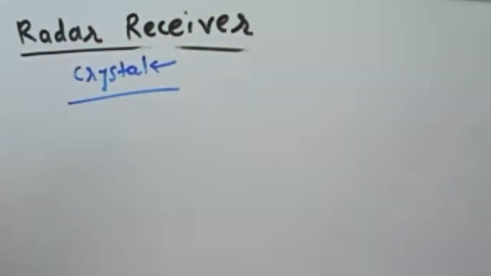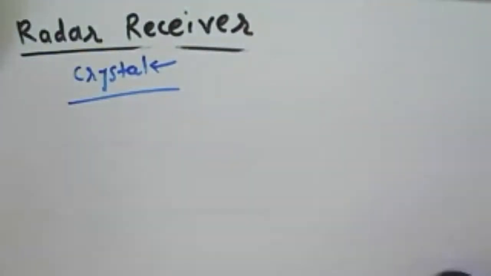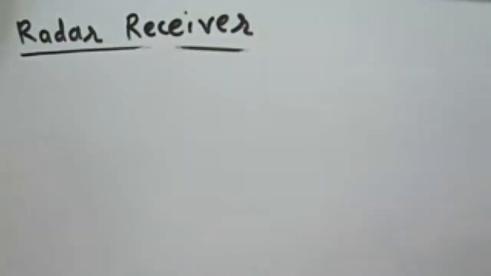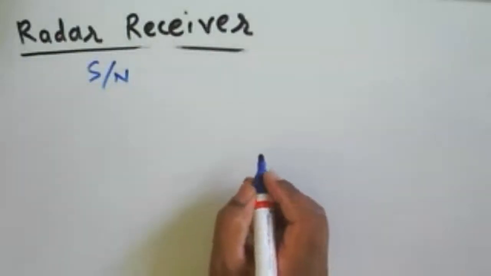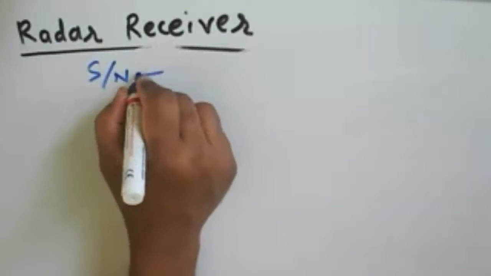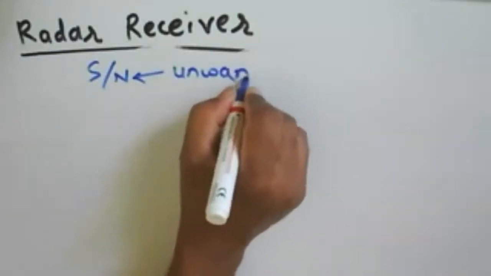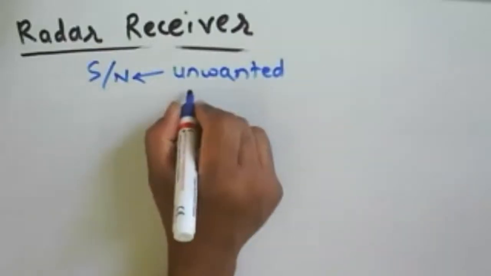Now we see here what are the various components that will affect the receiver. We need to improve the signal to noise ratio, so that's why we need to remove the noise. This is an unwanted signal. And that unwanted signal from what?